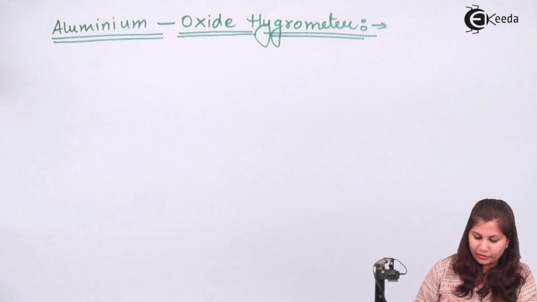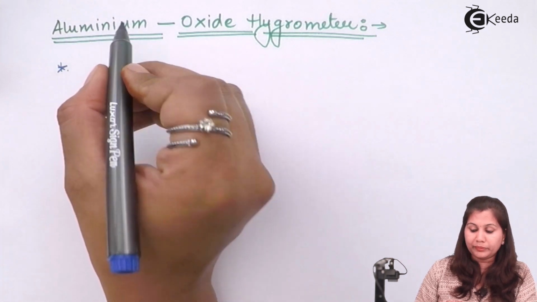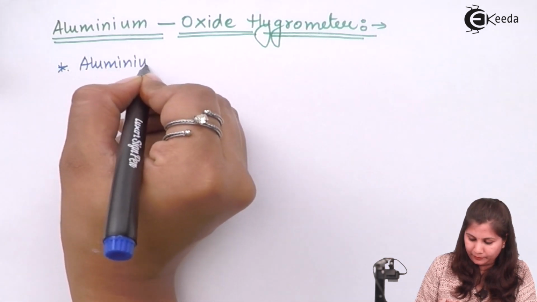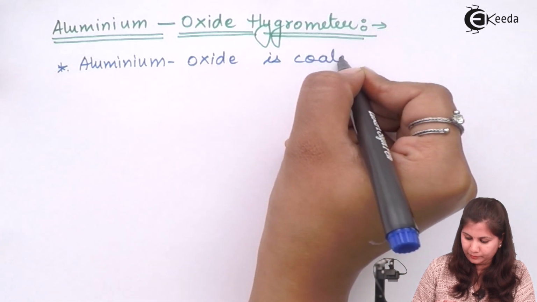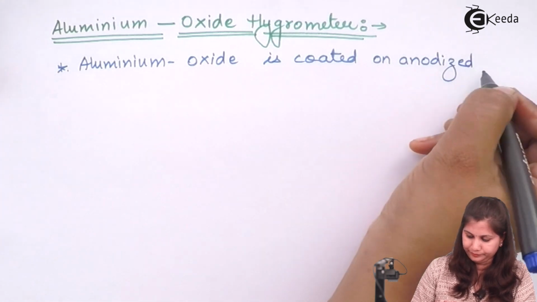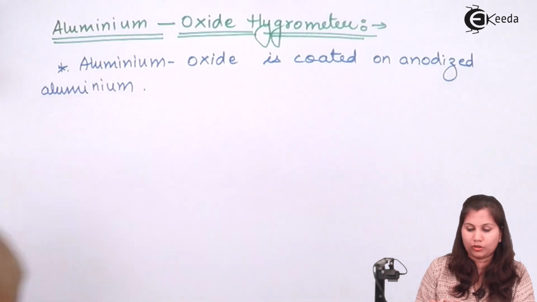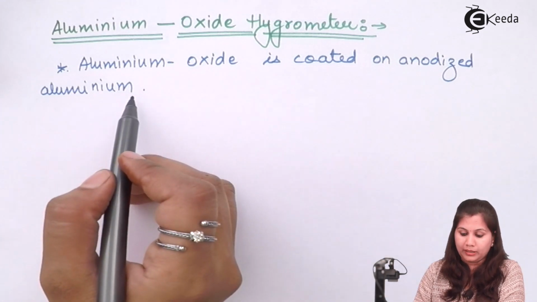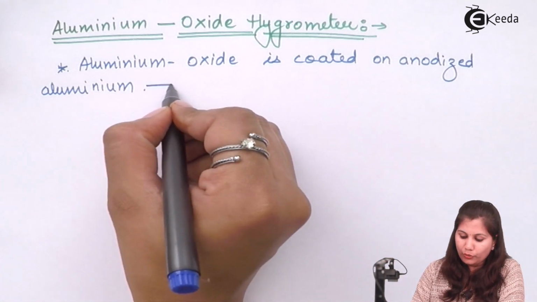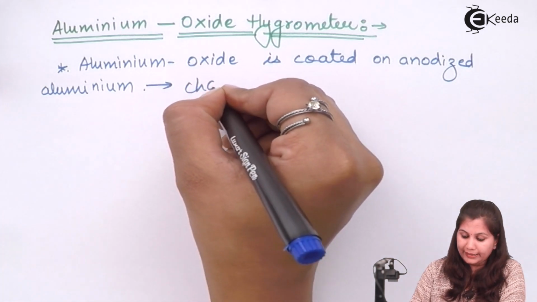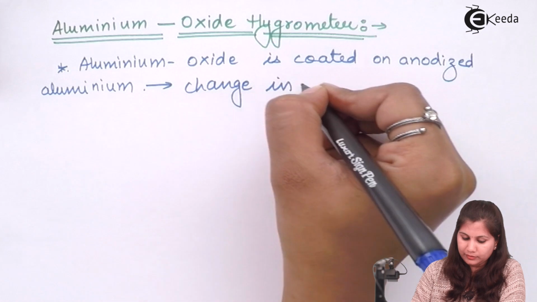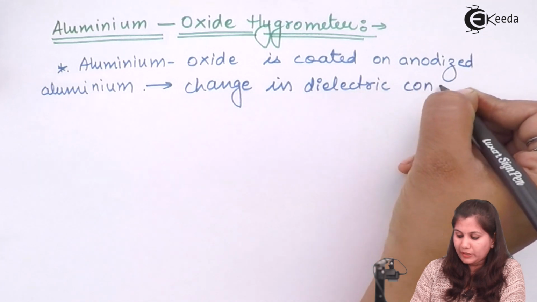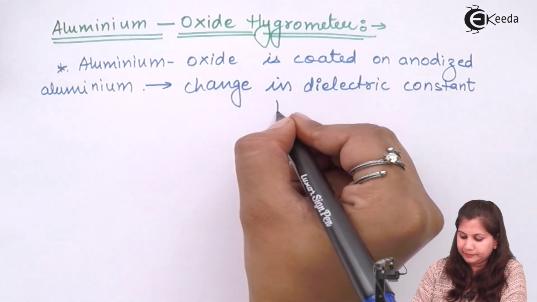If we see its construction, aluminium oxide is coated on anodized aluminium, and this aluminium oxide is going to exhibit change in the dielectric constant with respect to changes in the humidity.